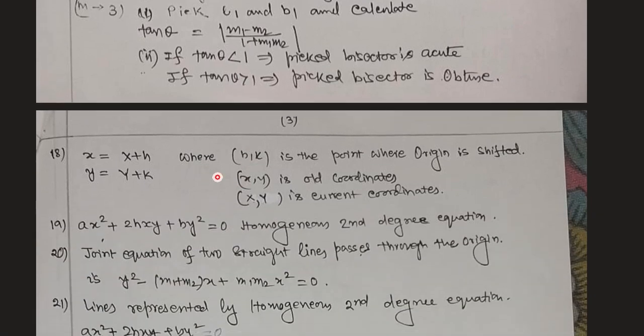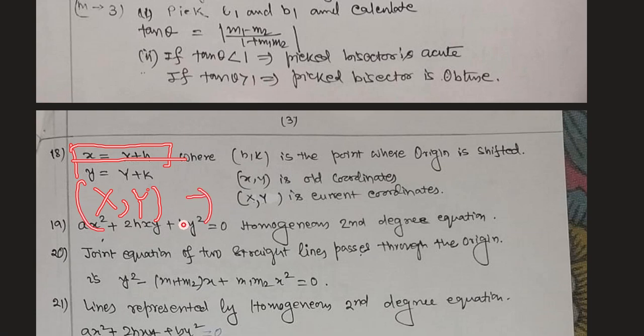Now here is some shifting. If you shift your origin from 0,0 to some point (h,k), there is the old coordinate (x,y) and the current coordinate (X,Y). The old coordinate is equal to the current coordinate plus the coordinate of the origin. Here capital X and capital Y are the current coordinates.